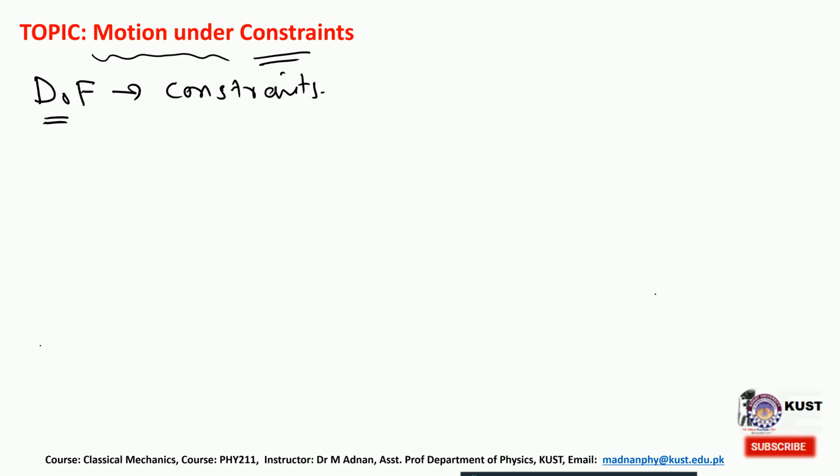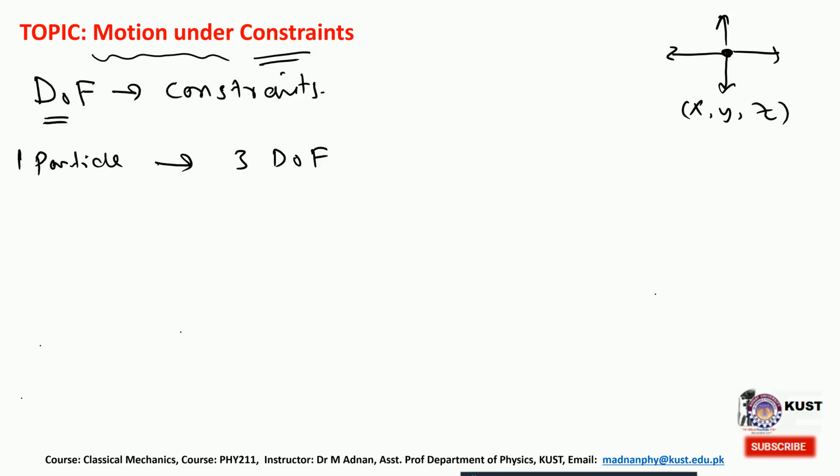So let's say we have an object which is moving in space such that x, y, z is the configuration. So we have a one particle system. For that we require 3 independent coordinates. So it is having 3 degrees of freedom. Now if it is compelled to move on a surface which is bounded by x and y, such that the object is constrained to move along the z-axis.